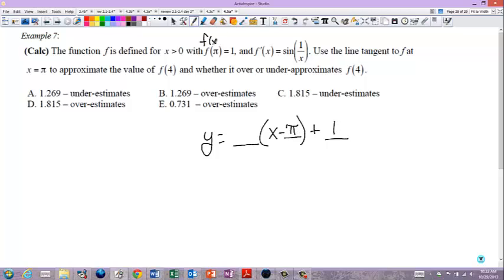F of x equals y. And then I need to find my derivative, f prime of x, which equals sine of 1 over pi. I feel like I need my calculator.